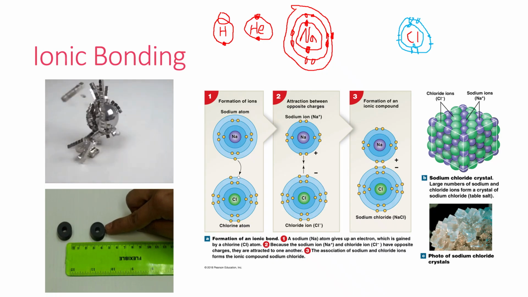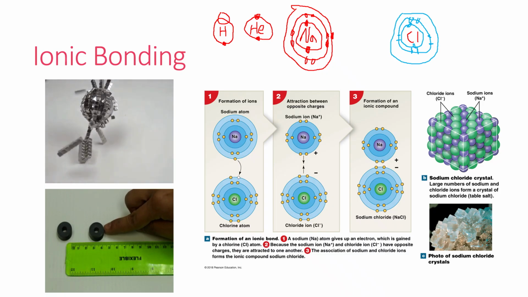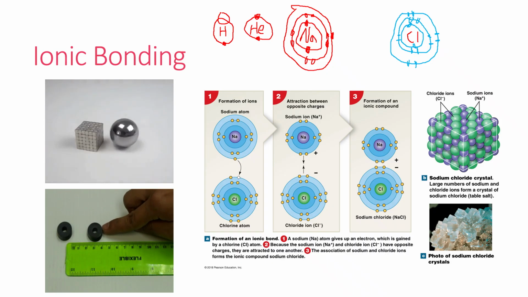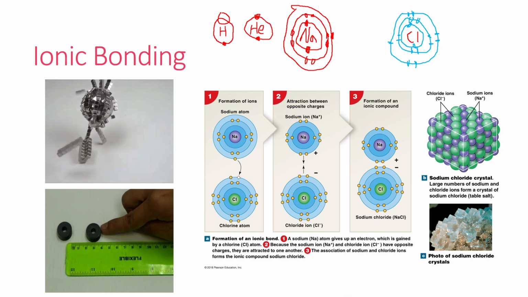So that should give us a total of 10. So we need 7 more. So we draw this next shell, and 1, 2, 3, 4, 5, 6, 7. So can you see the problem with chlorine?